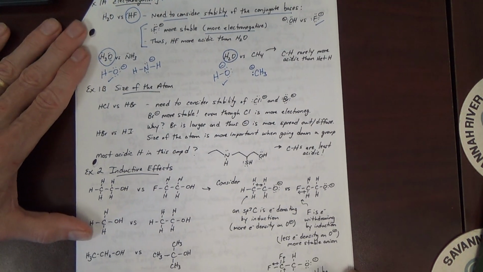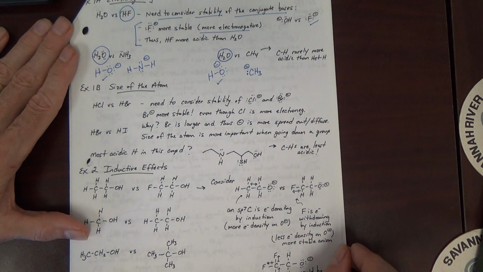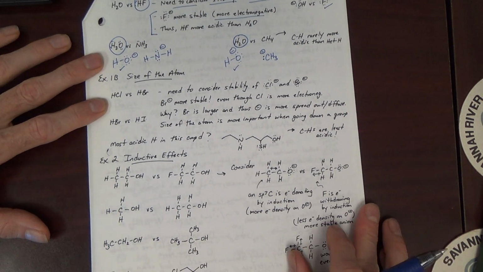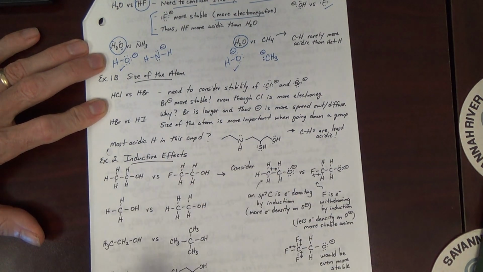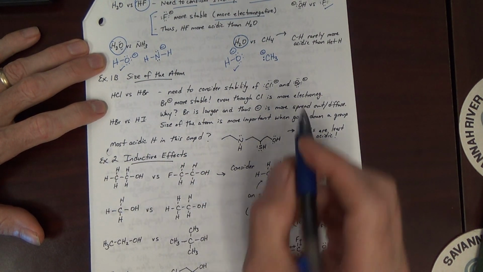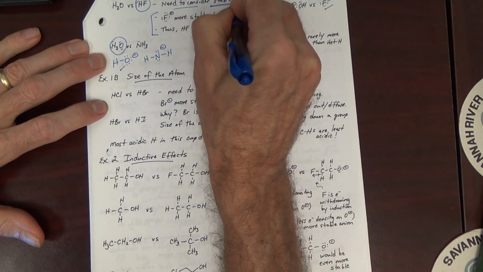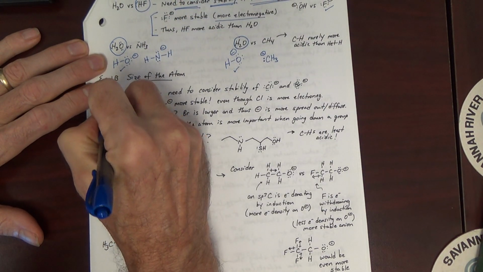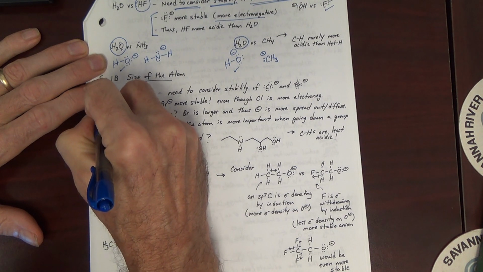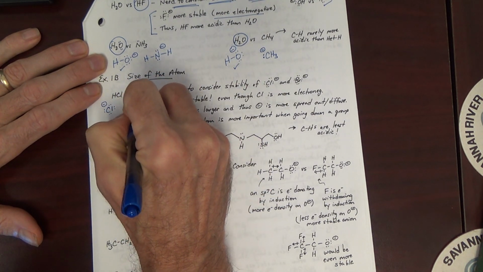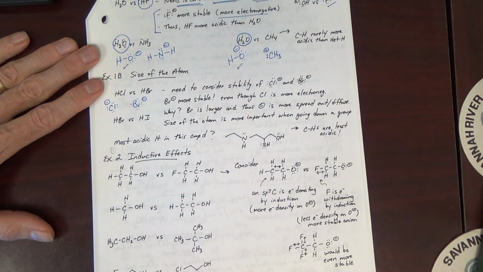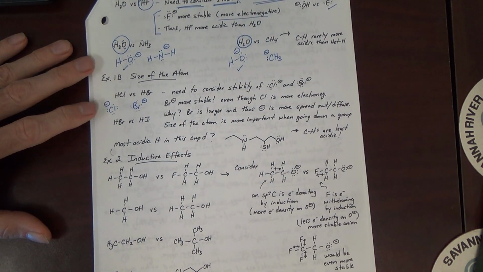Okay, also with one is size of the atom. Which is more acidic, HCl or HBr? Well, let's consider the conjugate bases. Cl minus versus Br minus. Which is more stable?